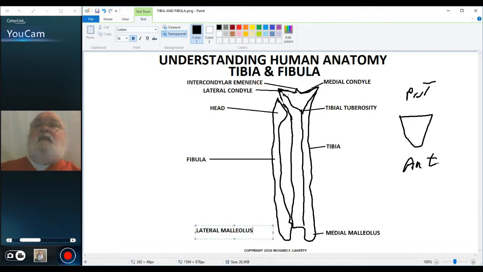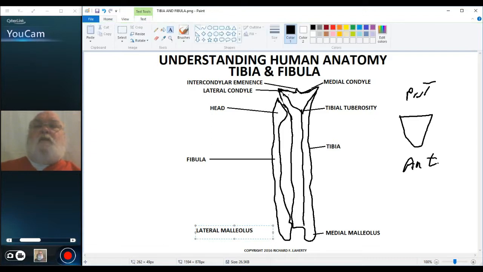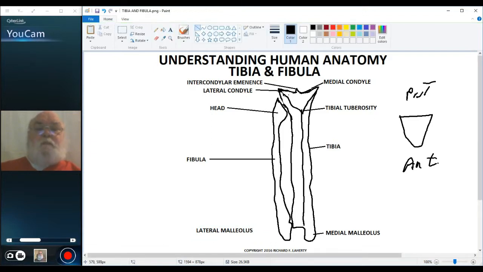And the lateral malleolus helps hold the tarsal bones in the joint, keeps the joint from dislocating laterally. And the lateral malleolus is that bony bump on the outside of your ankle.